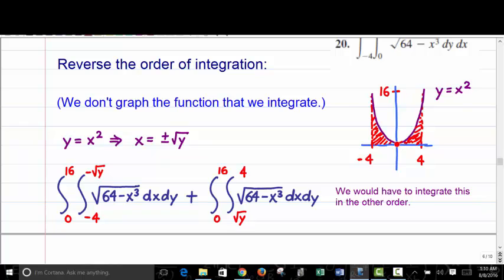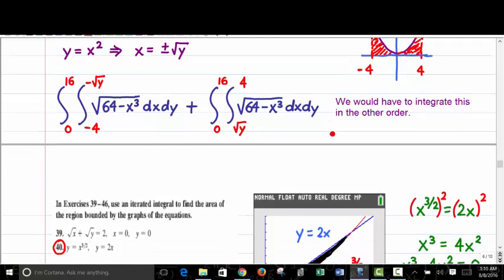Then we start on the other side of the origin. You're going from left to right. Left is now the curve, square root of y. Right is 4. So you're going from square root of y to 4 and 0 to 16. So it's actually the sum of two double integrals to represent that other double integral. And we're going to see some more of this shortly.